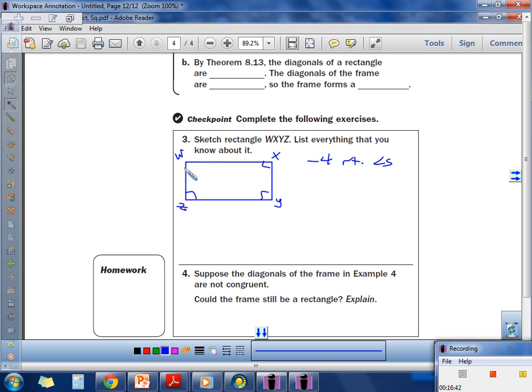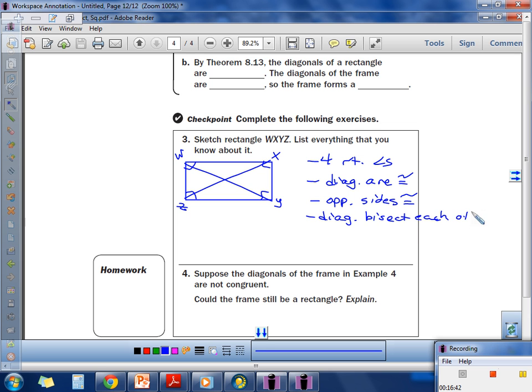So I can quickly add those in. What's another property? Somebody raise your hand. Yes. Diagonals are congruent. So that's all the way across, all the way across. Those are equal. Somebody else raise your hand. Yes. Opposite sides are congruent. Diagonals bisect each other. Yes.